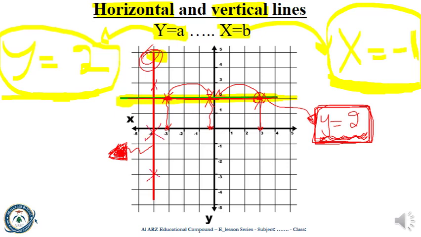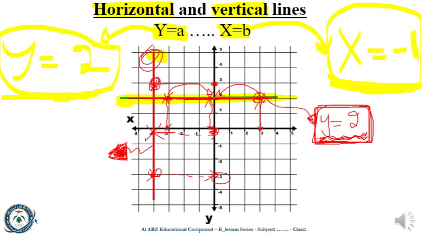Take this point and this point. What do they have in common? In this case, their ordinates aren't the same. This point has minus 3 as ordinate. This point has, let's say, 0 as ordinate. This point has 3 as ordinate. So y is not the same in all the points.